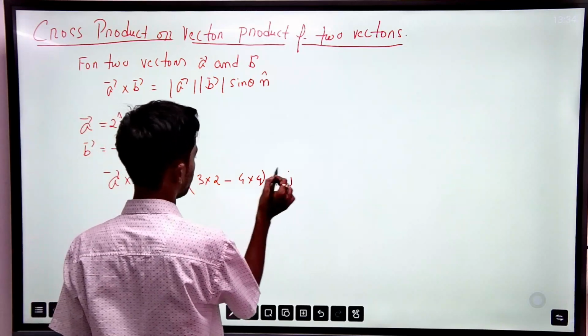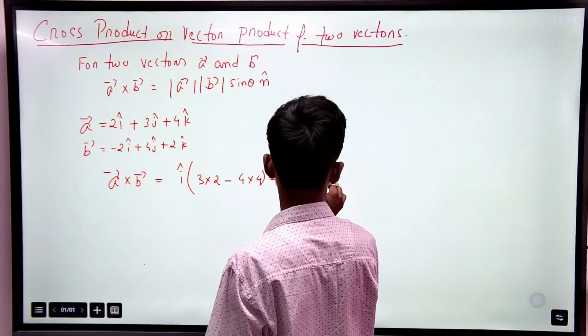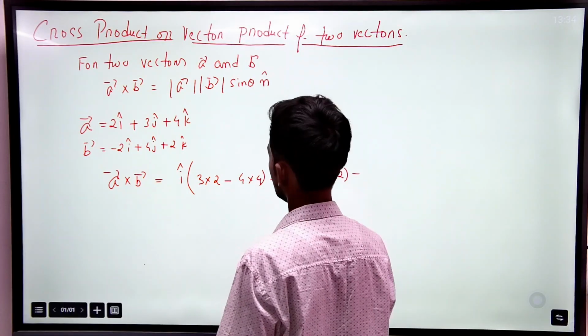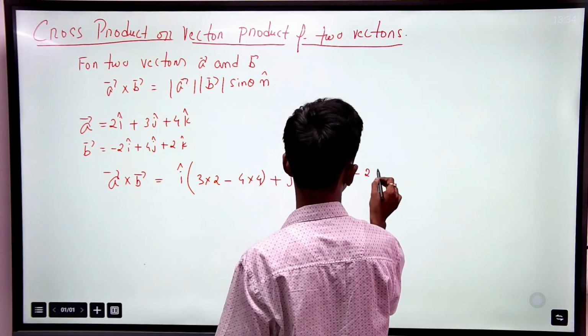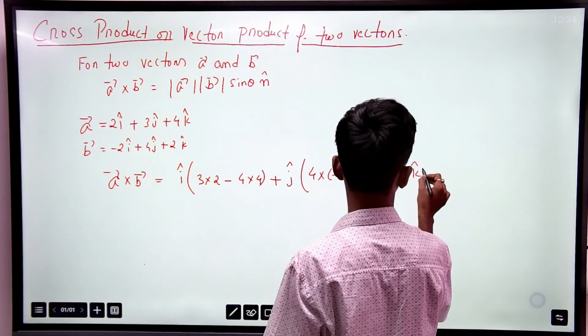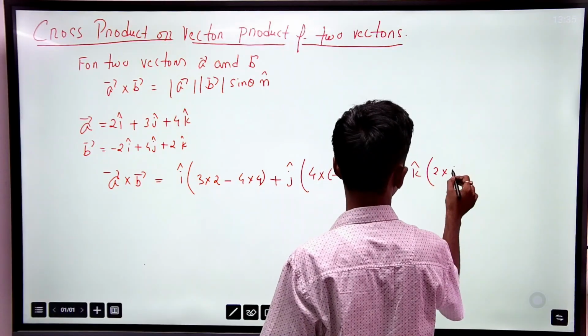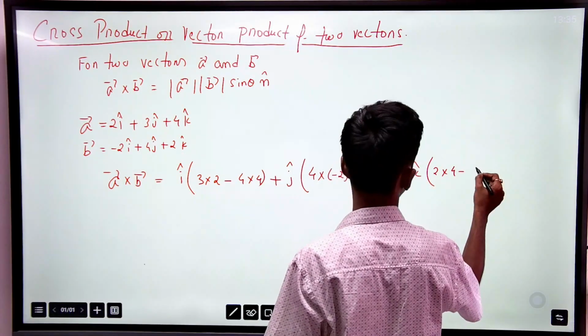If you reject the j, you will get 4 into minus 2 and 2 into 2. And then again come to k and you are getting 2 into 4 minus 3 into minus 2.